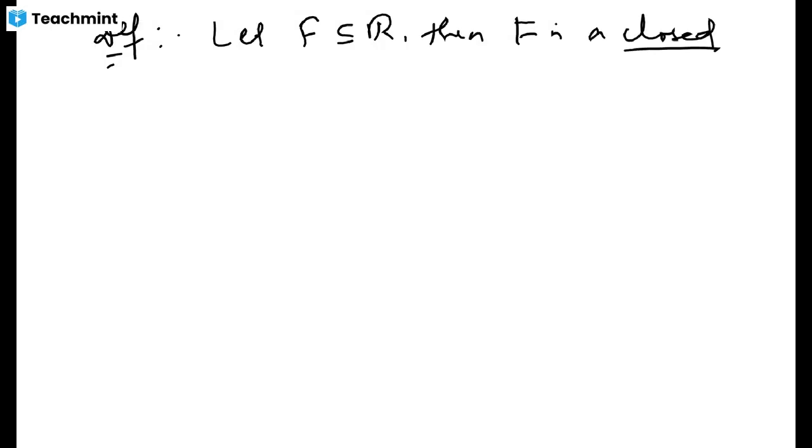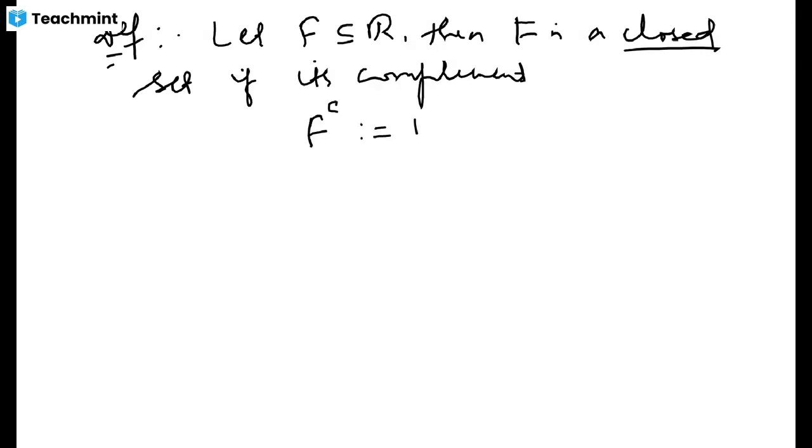Let F be a subset of R, then we say that F is a closed set if its complement, which you usually denote by F^c, and complement is nothing but R minus F, is an open set.